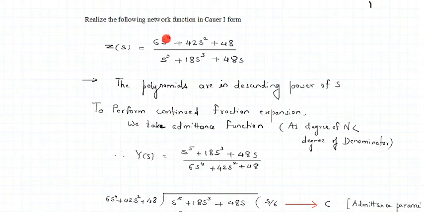The orders differ by 1. The numerator is at a lower order than the denominator. We know the properties of RL, RC and LC: if the orders differ by 1, they belong to an LC system. This function therefore is defining an LC function.